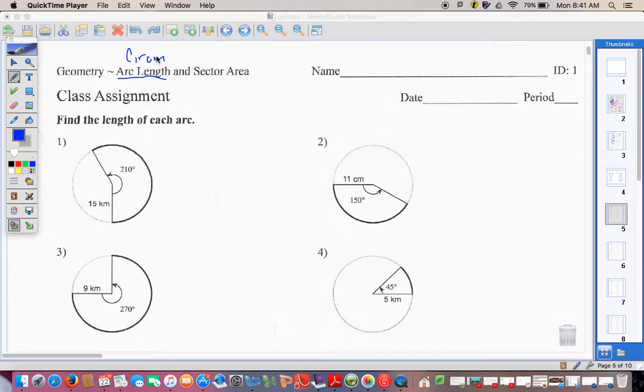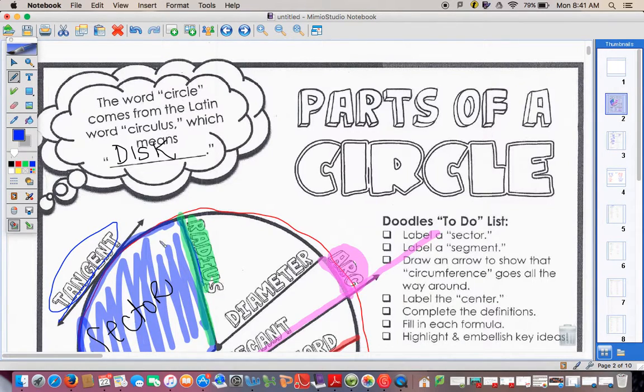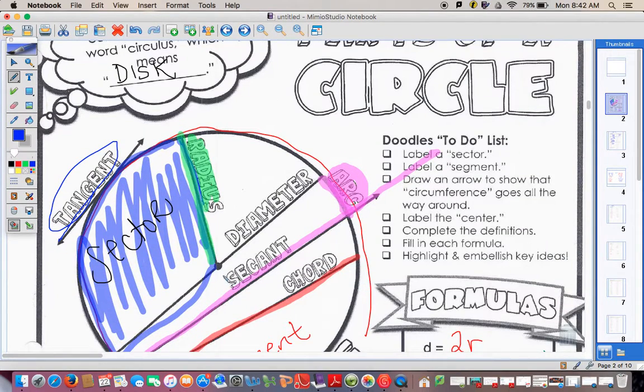Circumference formula. And the sector of a circle is a part of a circle that's formed by two radii and the circumference.